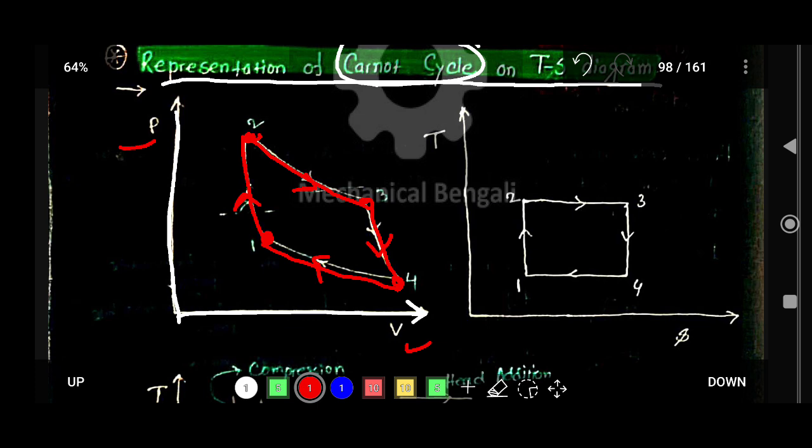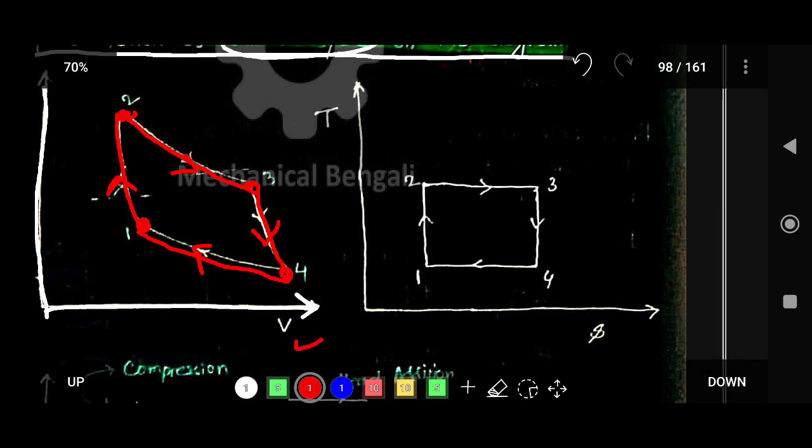If you want to draw the TS diagram for the Carnot cycle, this is state 1. This vertical line is process 1, a horizontal line is process 2, a vertical line again is process 3, and a horizontal line is process 4.